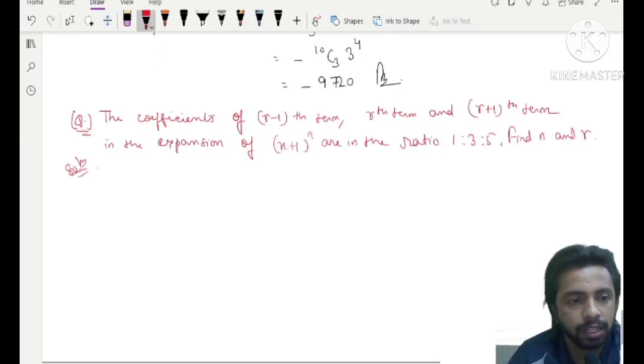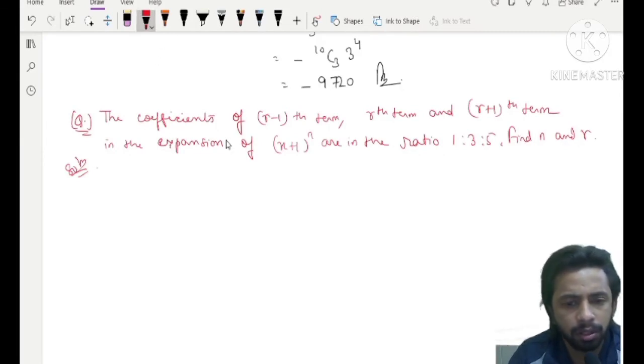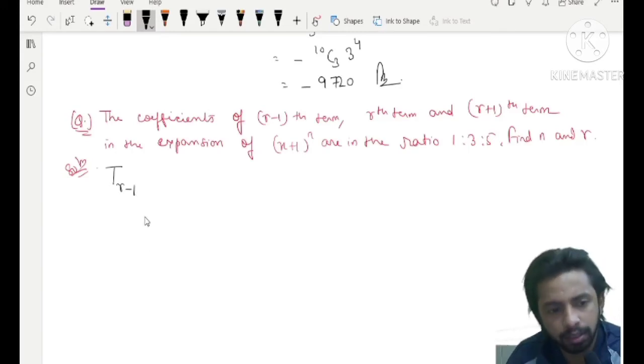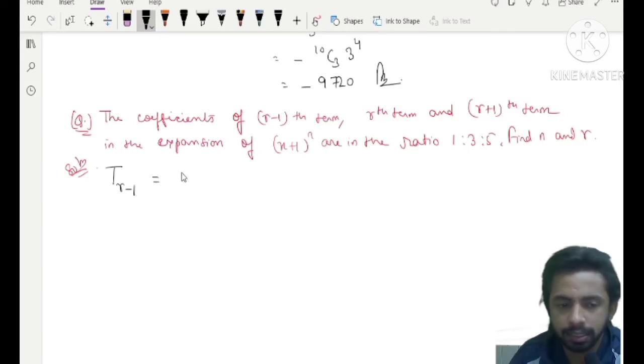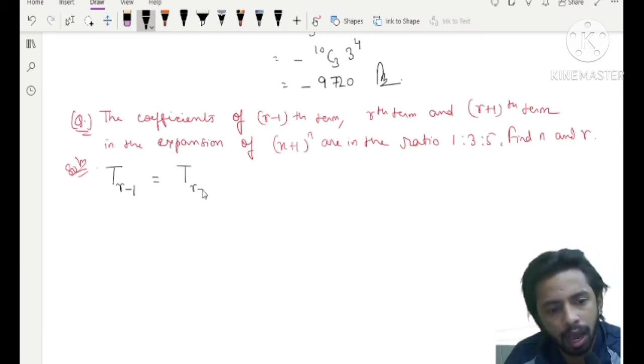First let's think about the r minus 1th term. So t r minus 1 can be written as t r minus 2 plus 1, isn't it so?